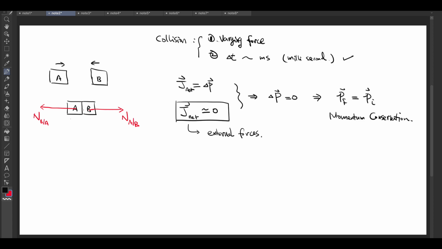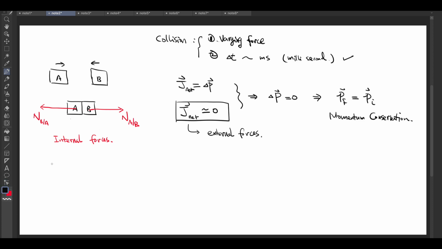That's something we already know. But we're going to say that these two forces are internal forces. So they do not go into the calculation of the net torque.